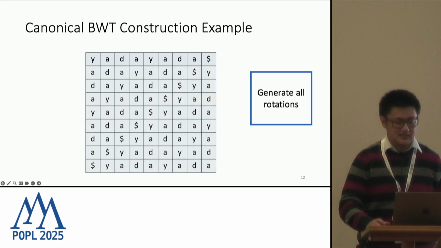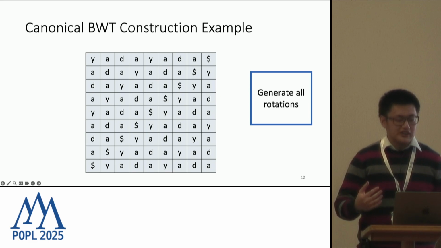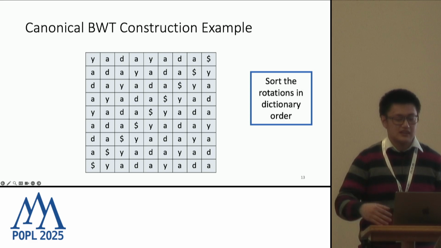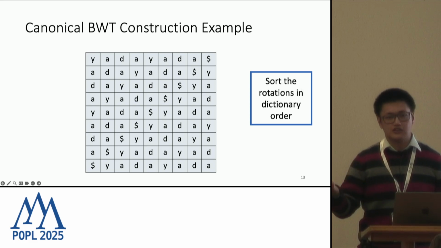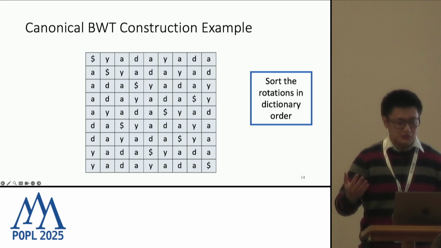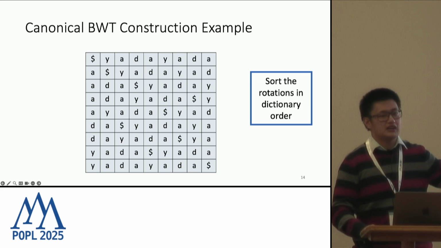In this case, there are 9 distinct rotations. The exact ordering of these doesn't really matter because in the next step, we sort these in dictionary or lexicographical order. And so we end up with this, recalling that the dollar is treated as the smallest symbol, and hence that's going to be our first rotation, and so on from there.